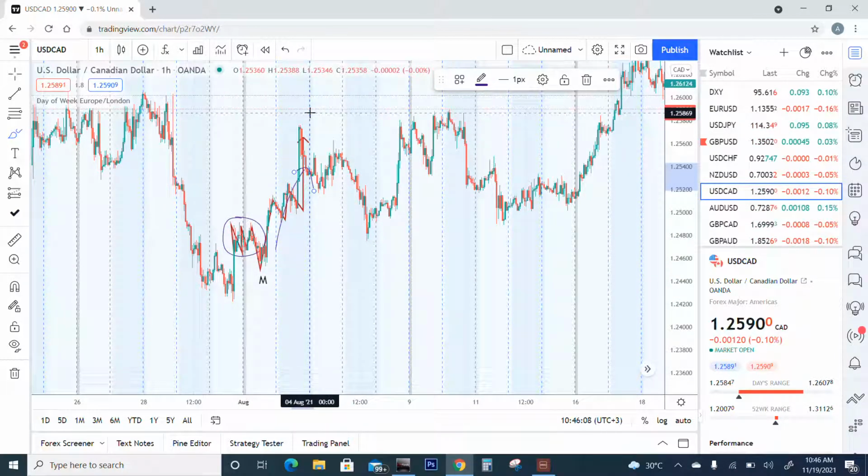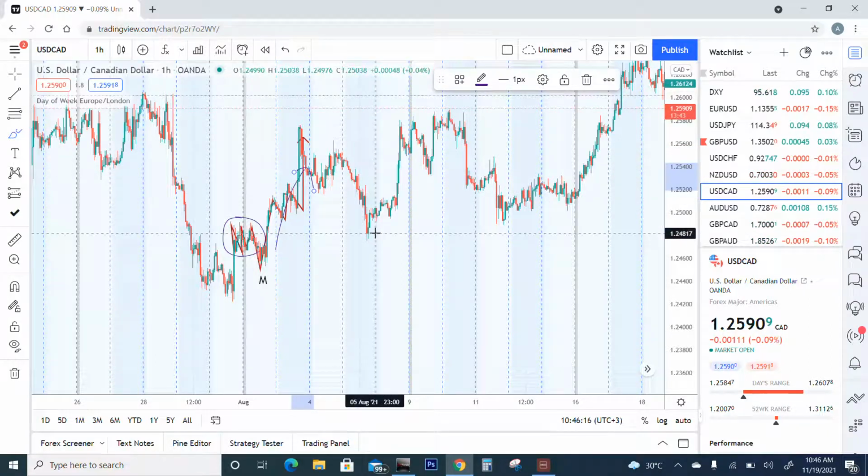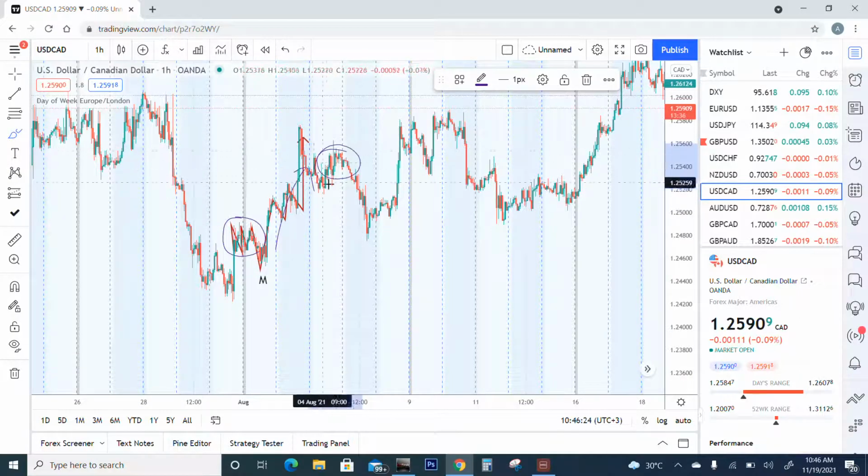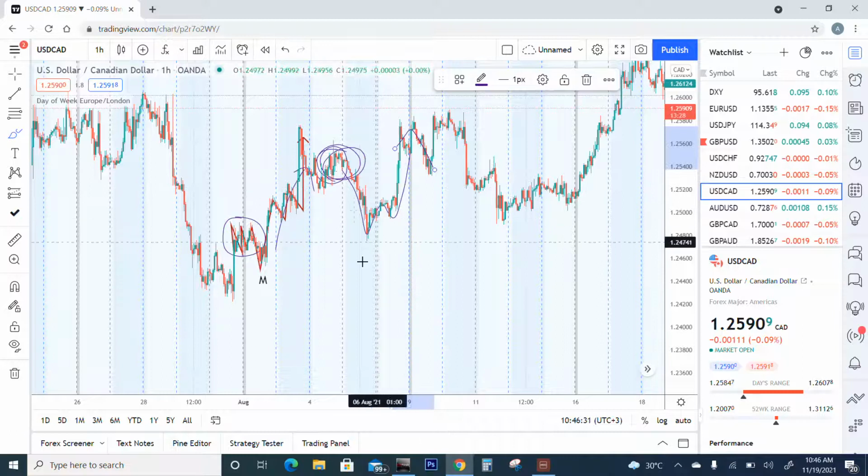The market moves in a similar way again and again. Here the market tried to go a bit sideways, meaning accumulating orders. The market came down, then expanded up, which is a similar market condition: accumulating orders, manipulating, and expanding upwards.